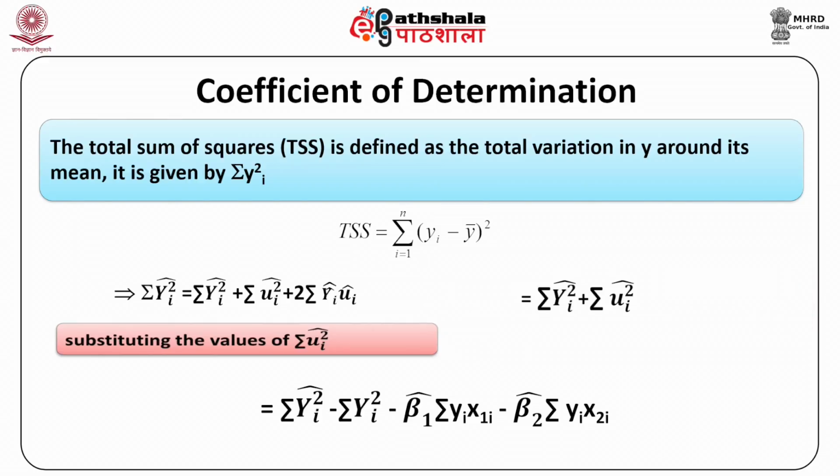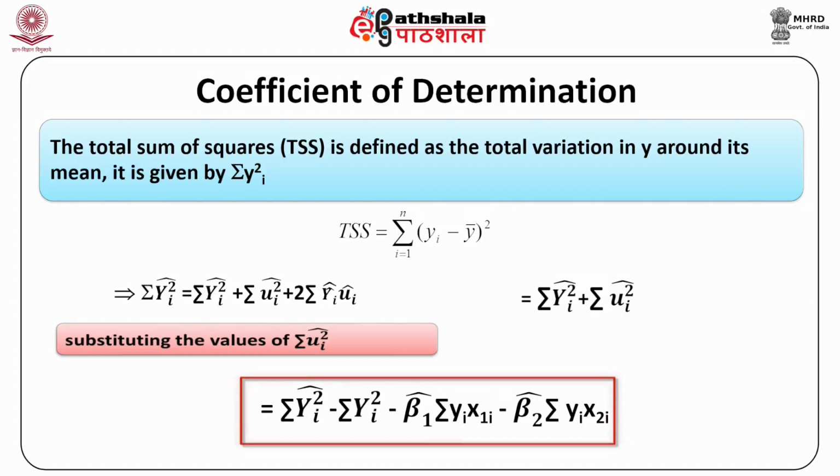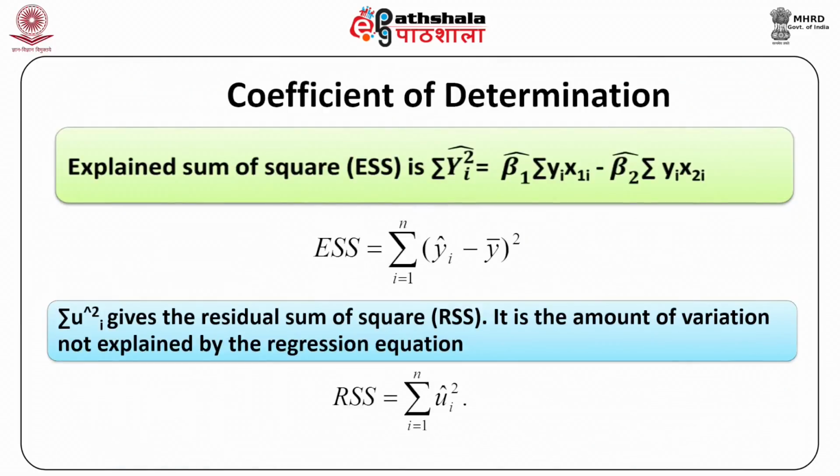On substituting the values of sigma u hat squared i, we have sigma y hat squared i minus sigma y squared i minus beta hat 1 sigma yi x1i minus beta hat 2 sigma yi x2i.